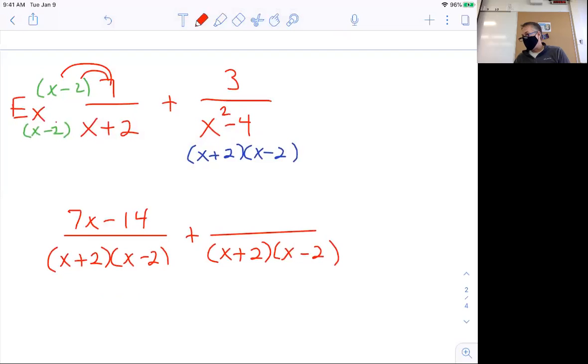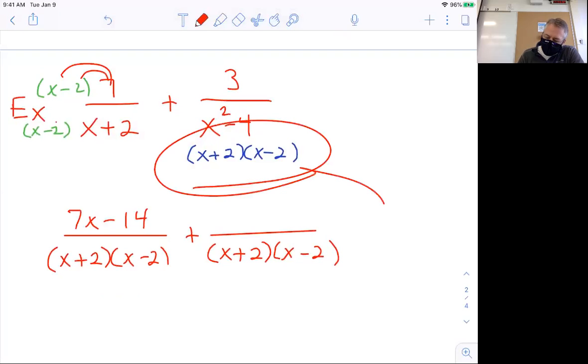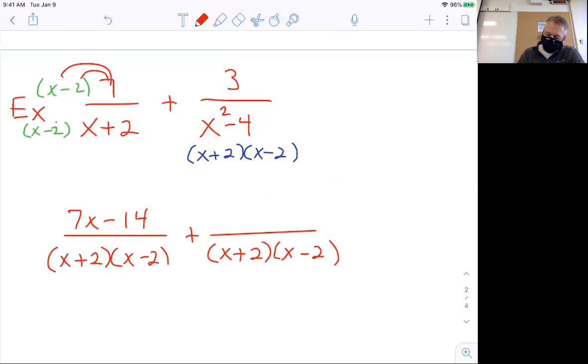And then over our denominator, of course. All right, now on the right side, the denominator was already x plus 2 times x minus 2. So I didn't change the top at all. So we don't have to mess with that top at all, which is nice. We just leave it as 3 over that denominator.